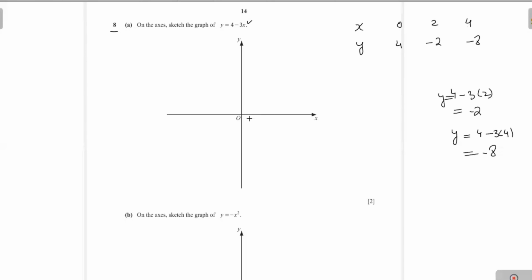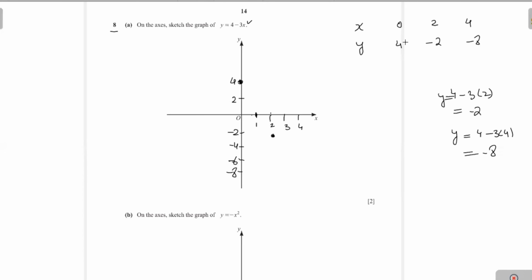Now we mark the values here. This is 0. This is 2. This value is 1, 2, 3, 4. Next we will mark the positions on y. This is 2, 4, minus 2, minus 4, minus 6, minus 8.